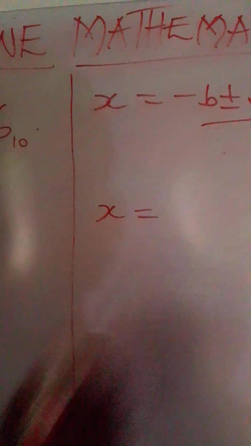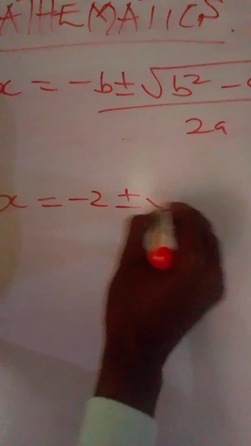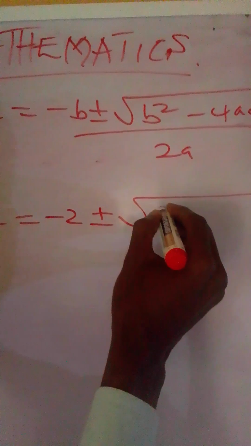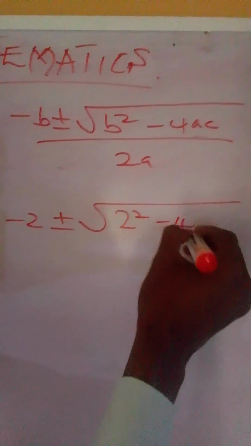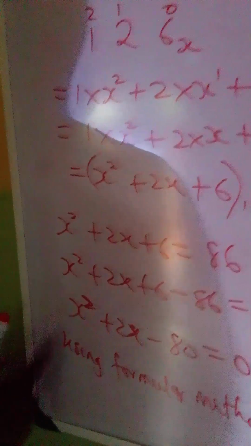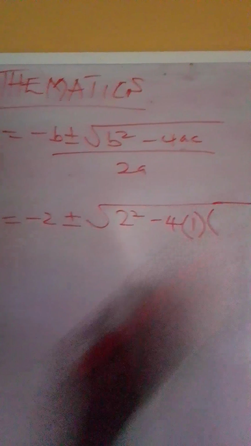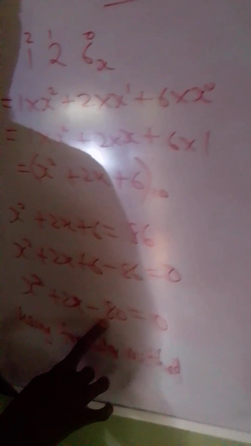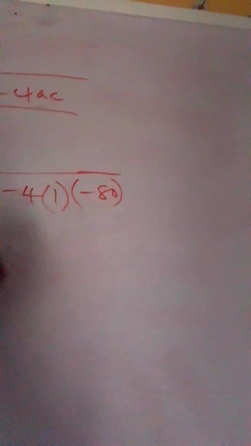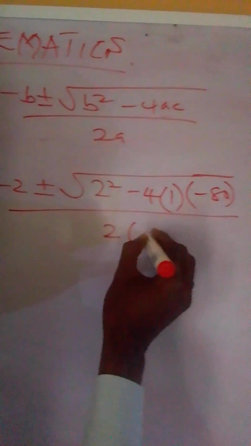My b is 2, so that is minus 2 plus or minus square root of 2 squared minus 4 bracket. My a is the coefficient of x squared, which is 1. Then my c is minus 80, which is a constant, over 2 bracket 1, since my a is 1.